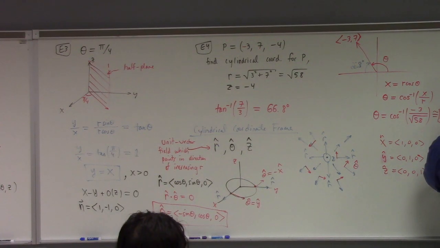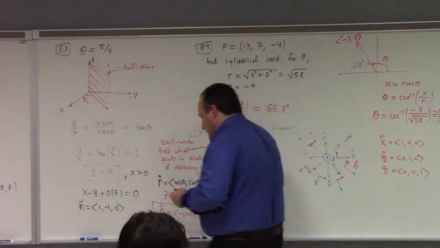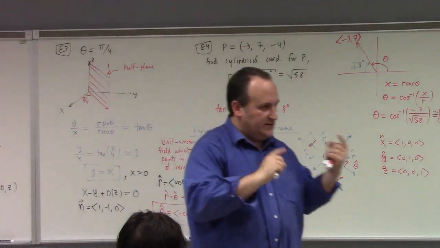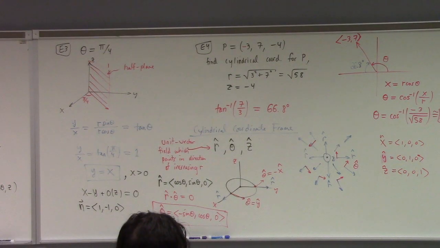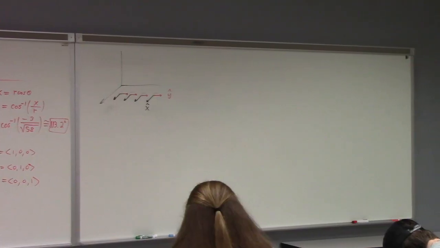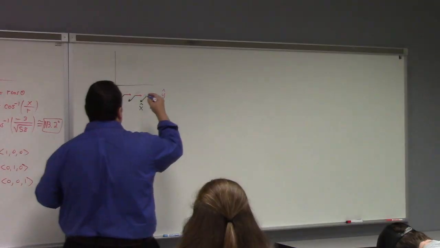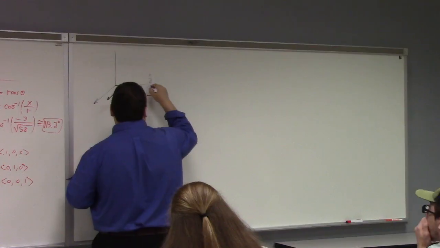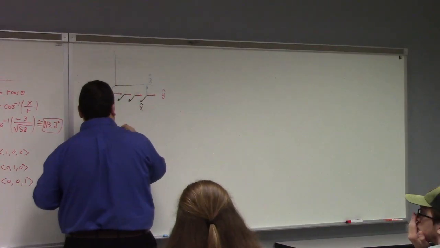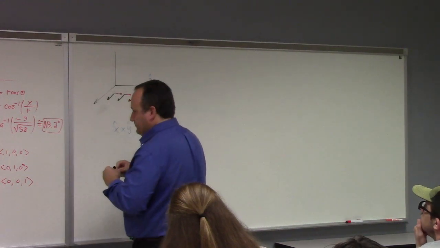I'm just using some color coding to save myself. And of course z hat, and I think of all 3 of these as being attached to a given point in discussion, because we're talking about how to build a vector at that point from the frame, all right? So this is z hat. That was supposed to be the same length as the other ones. I'll try. There we go. Of course, you guys know x hat cross y hat is what? Z hat, right?